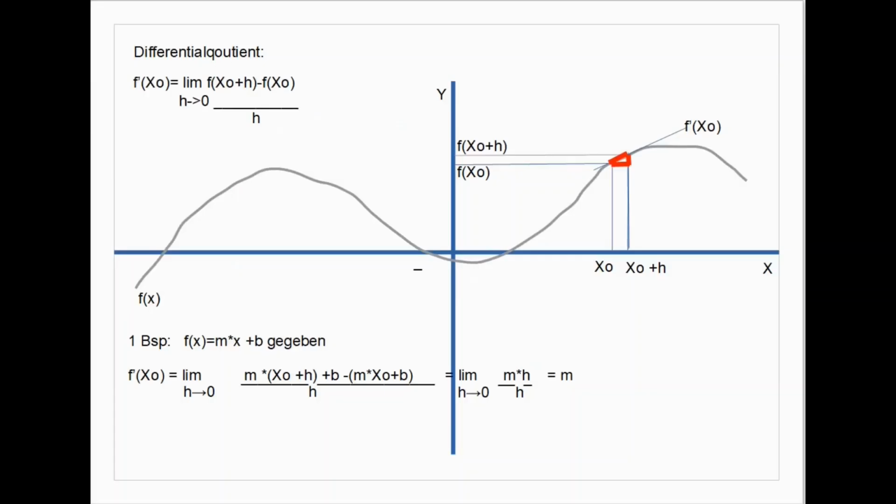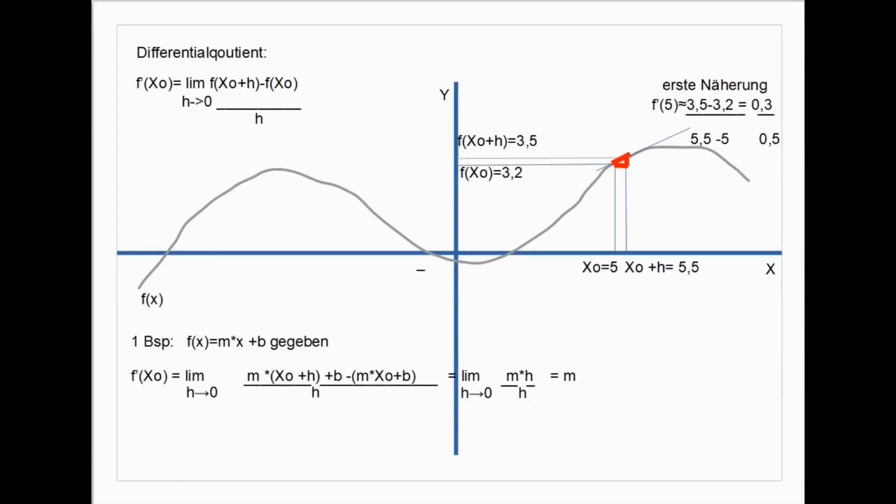I would like to illustrate this using a few numbers for those who have difficulty dealing with variables. In the example, x0 is 5 and x0 plus h is 5.5. F of x0 plus h is 3.5 and f of x0 is 3.2.